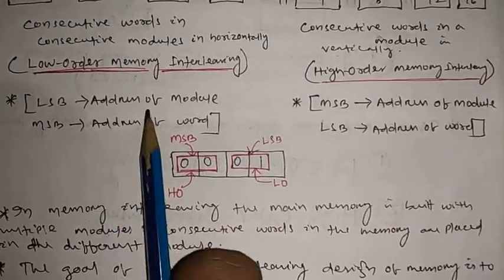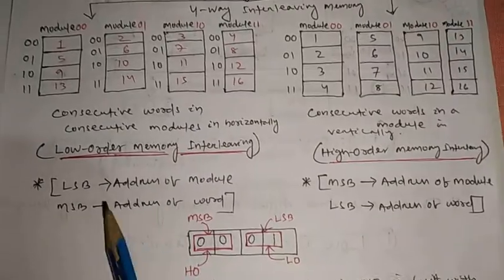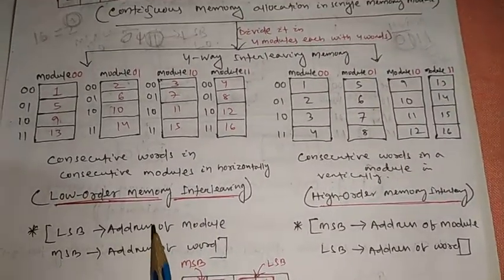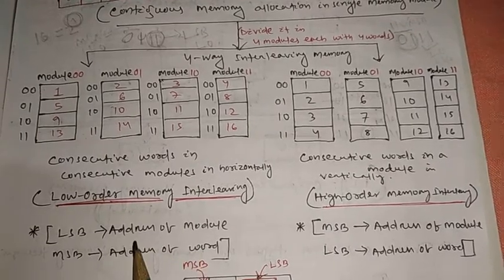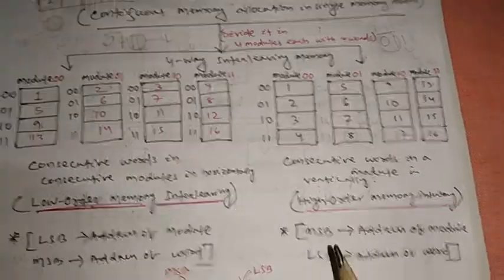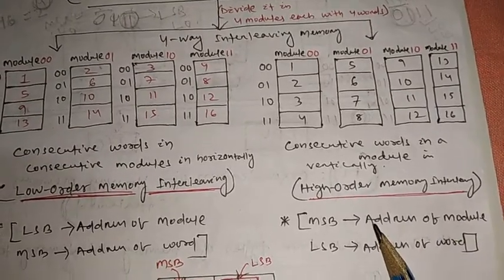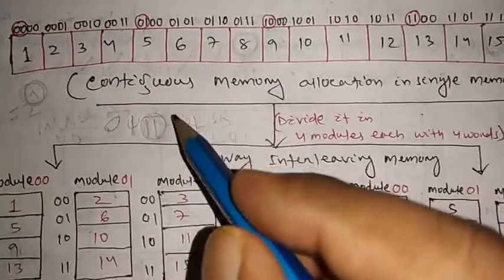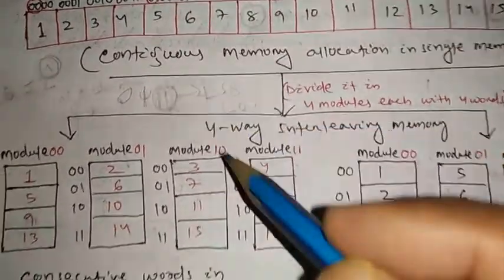Okay, so look, this is also LSB. Here LSB is the address of modules. In low order memory interleaving we are using LSB as the address of modules and MSB as the address of words. Here MSB is used as the address of module, and LSB is used as the address of words. Look, here LSB is used to find the address of module.